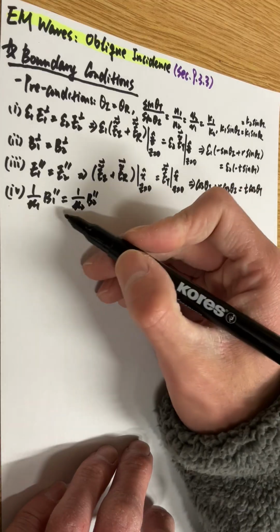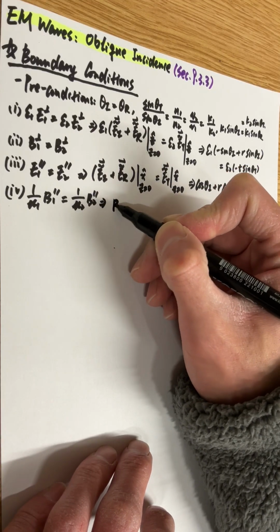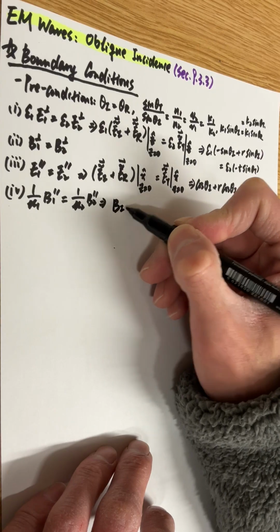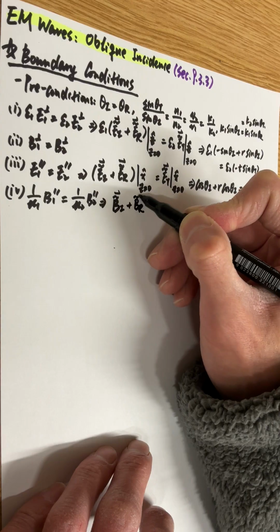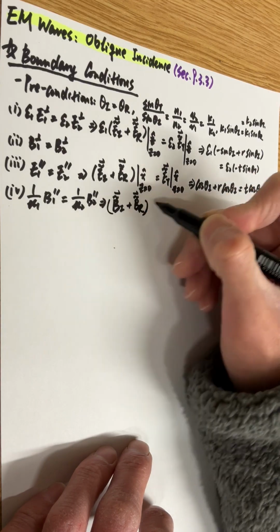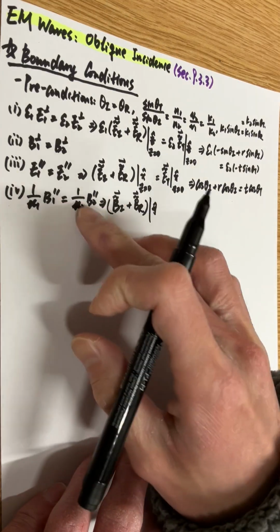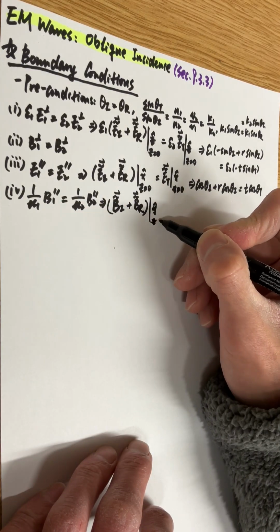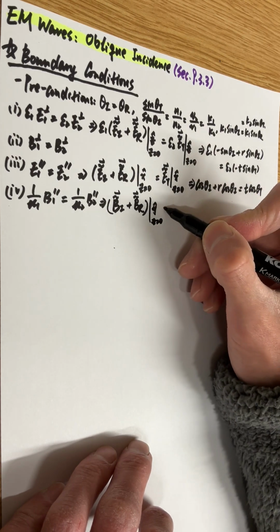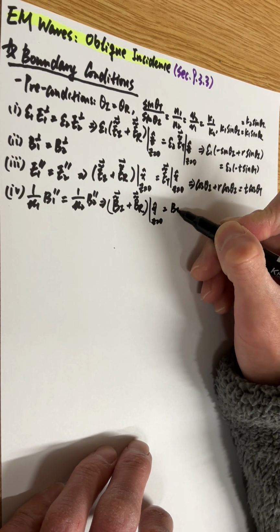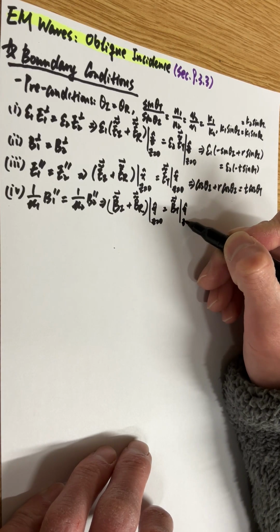So anyway, this means that on the left hand side, we have BI plus BR. We care about the y component that's parallel to the surface, and at the surface, variable z equal to 0, this equals BT, y component, z equal to 0.